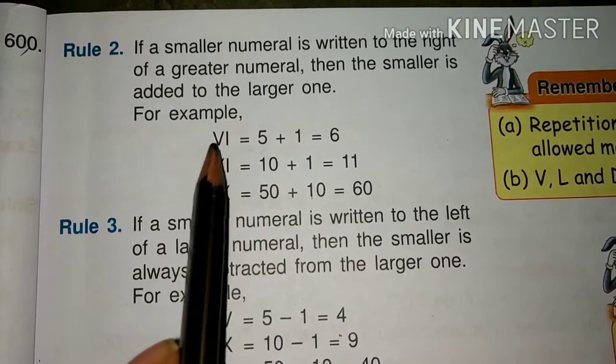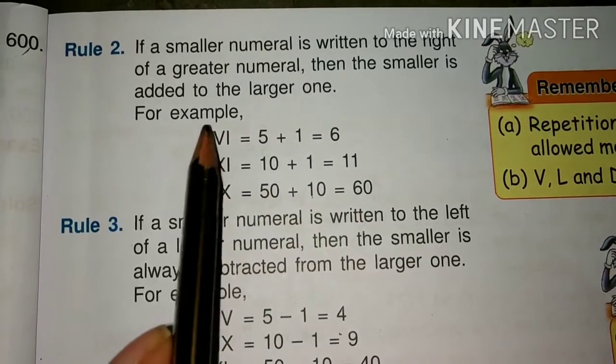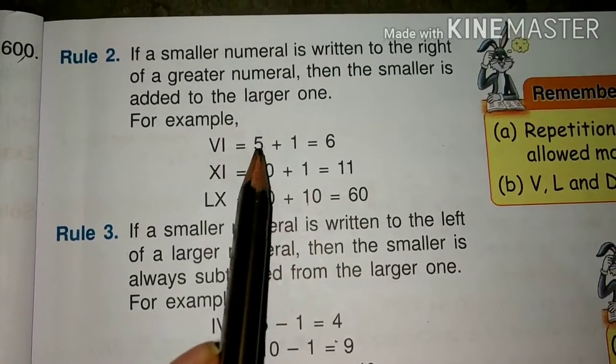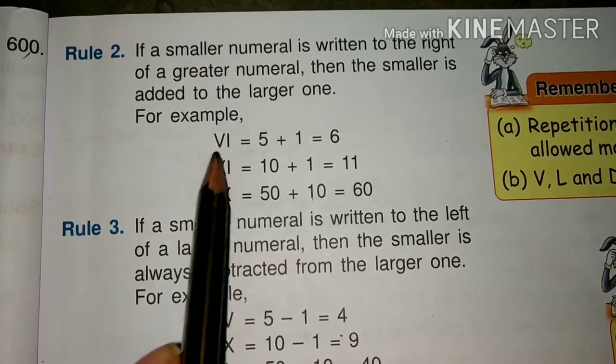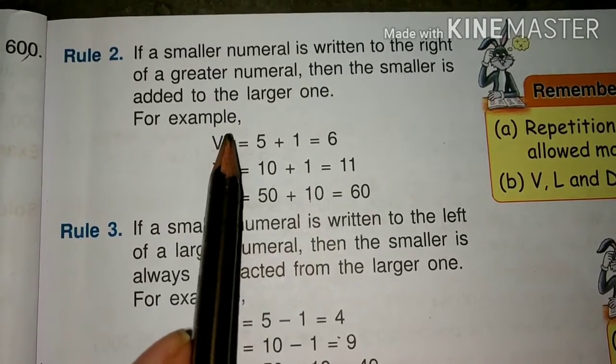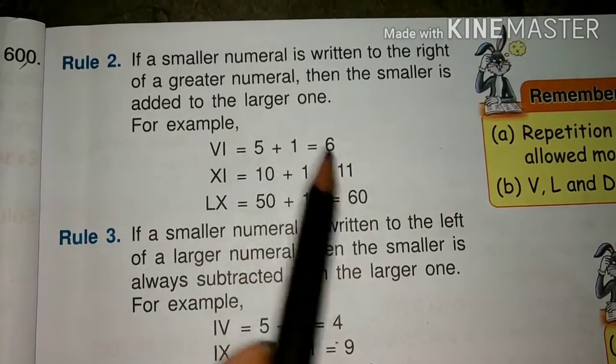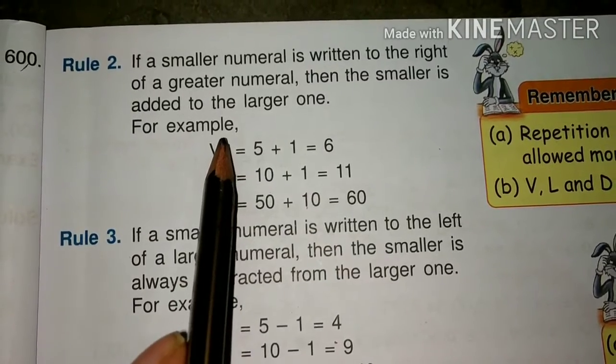For example, VI. Value of V is 5. So V is a greater symbol and value of I is 1. So I is a smaller symbol.